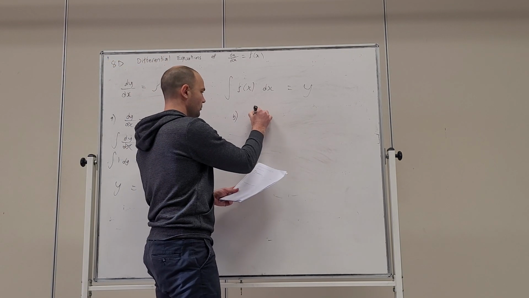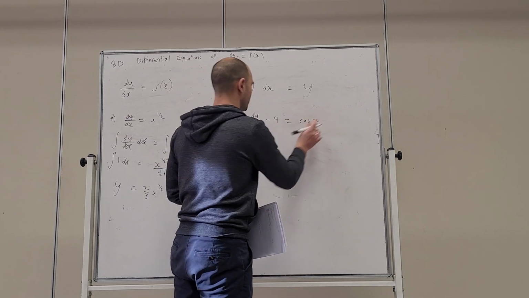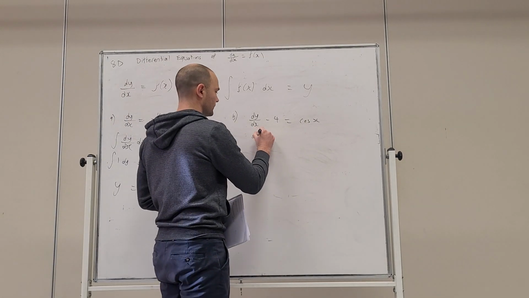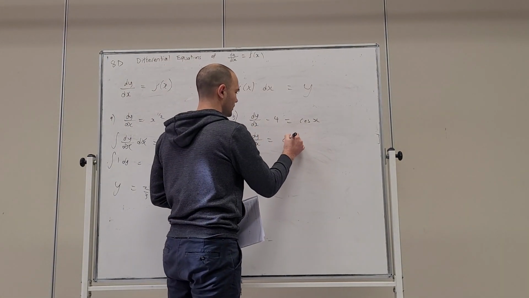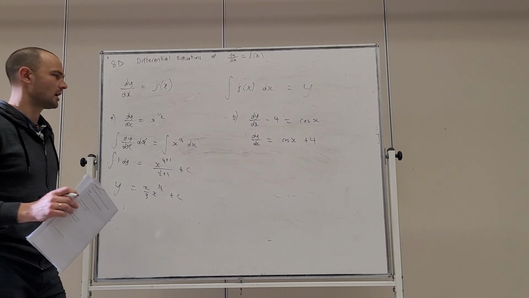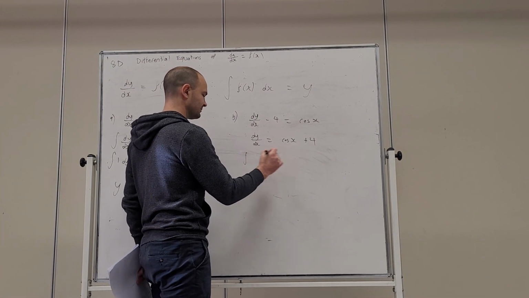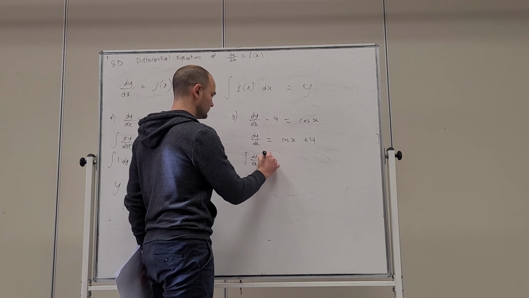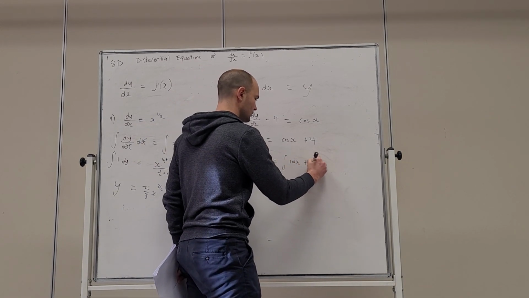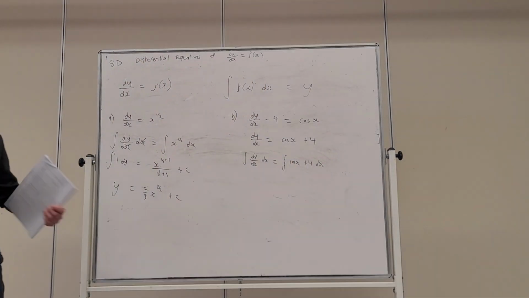Okay, on to b. We have dy on dx, take away 4 equals cos of x. So the first thing we're going to do is move the 4 over to the right-hand side. And then we will integrate both sides with respect to x, doing the same thing to both sides.